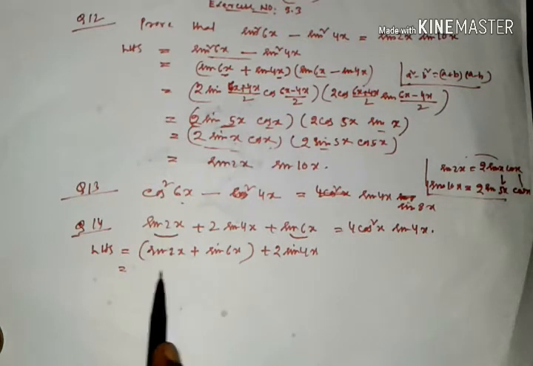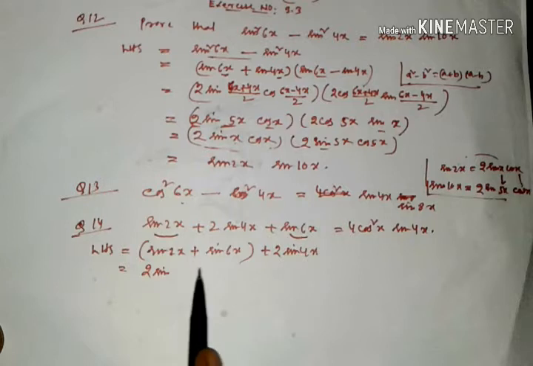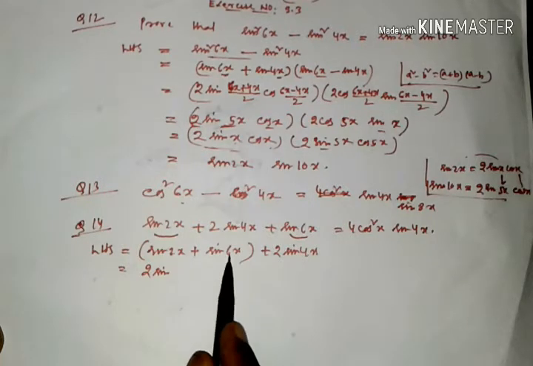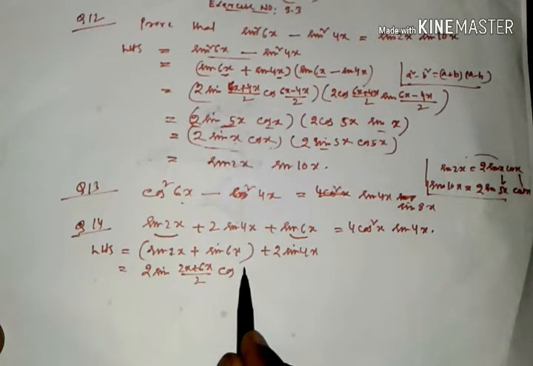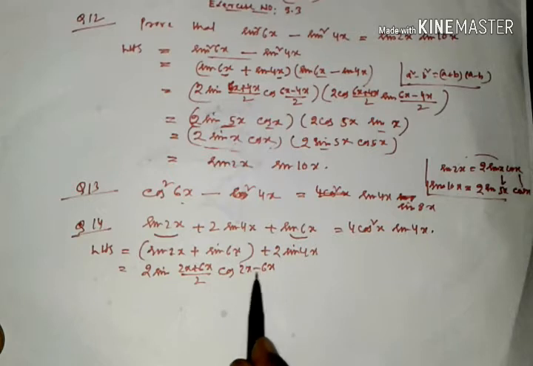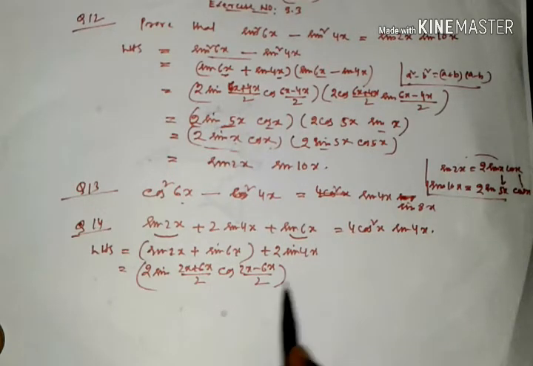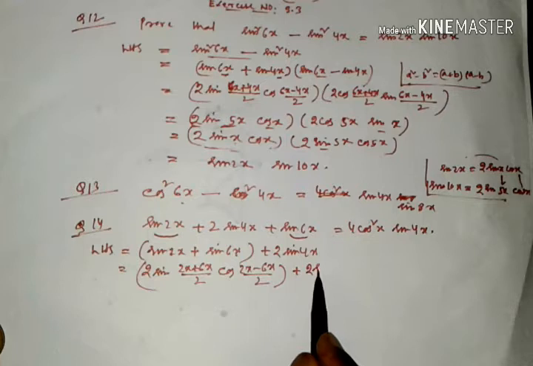What is sin a plus sin b? It is 2 sin (a plus b) by 2 cos (a minus b) by 2. Here a is 2x, b is 6x: 2 sin (2x plus 6x) by 2 cos (2x minus 6x) by 2. This 2 sin 4x will remain the same.